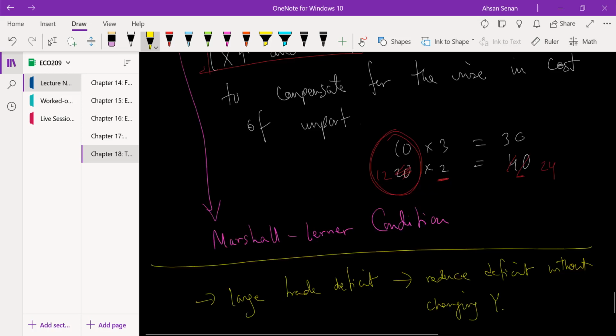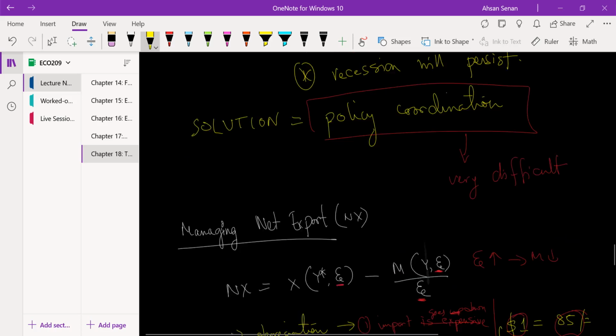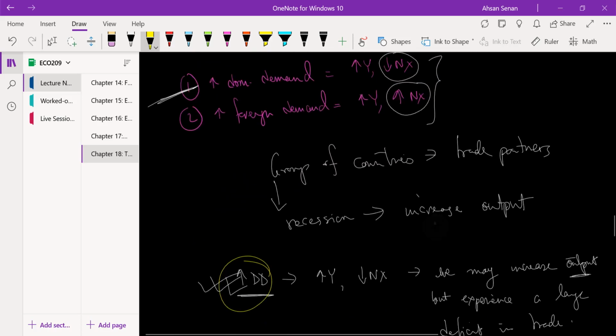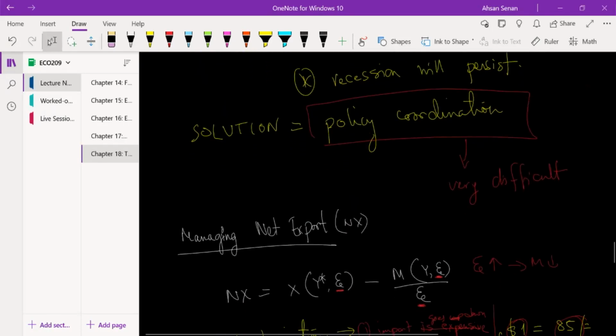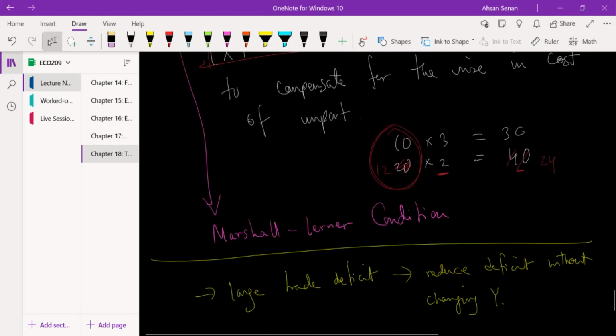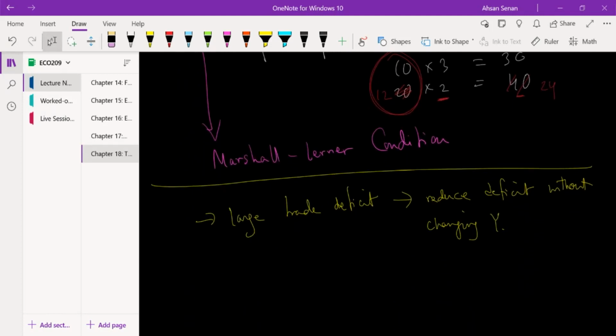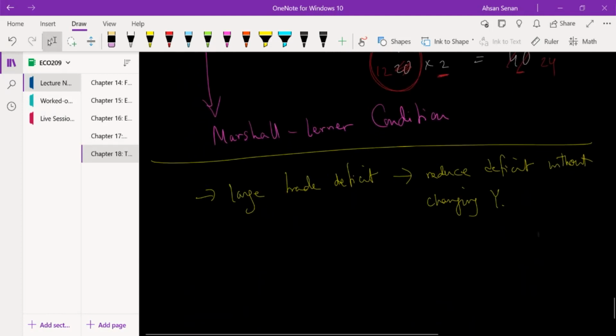We've already seen in these two cases over here that there are ways for increasing our net export, but that leads to change in Y. Okay, in this case, what we want is we want to increase our NX without changing Y.